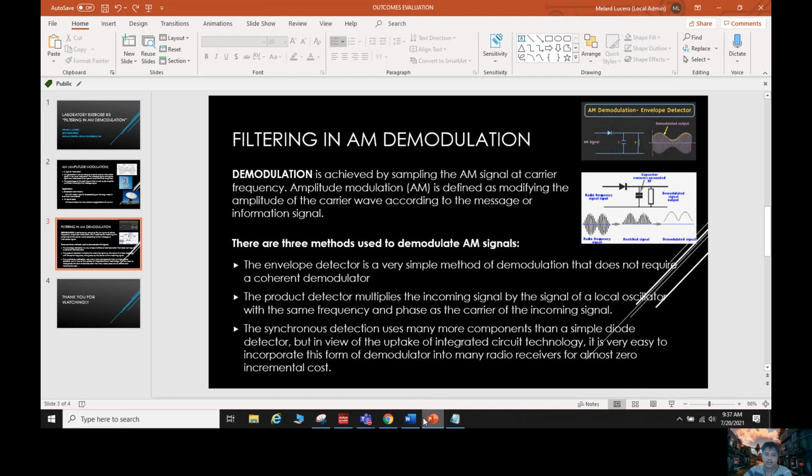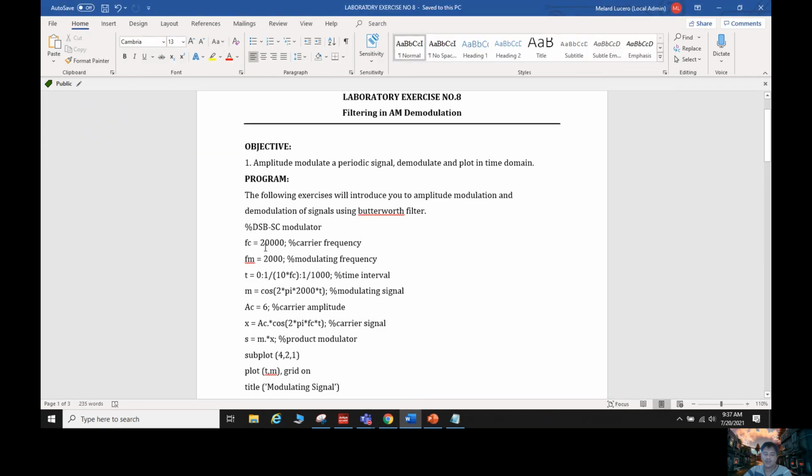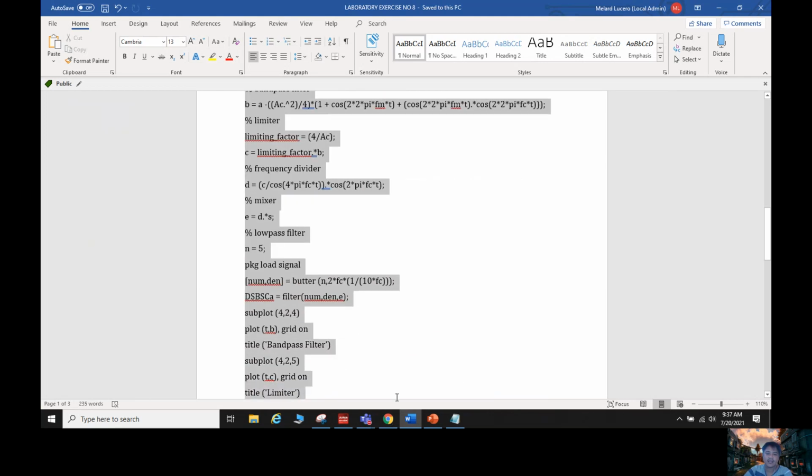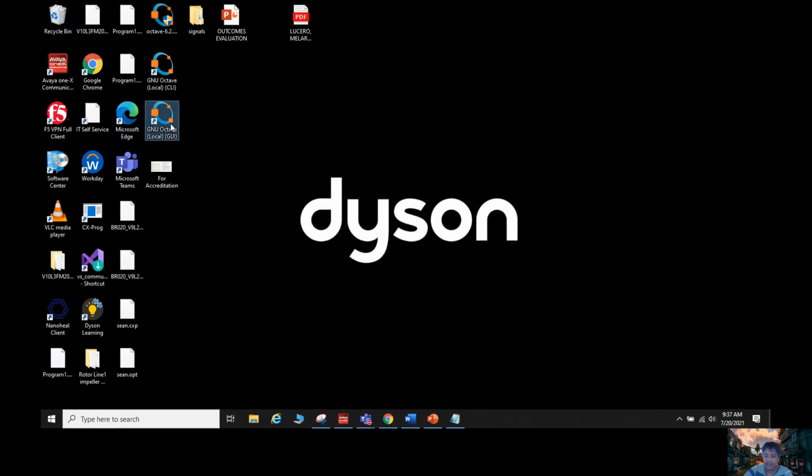So, to be able to explain more, let us show this set of codes for the process of modulating and demodulating signals using the Butterworth filter. Let us copy this whole code and paste it into our GNU Octave. Okay, copy. Then open GNU Octave.